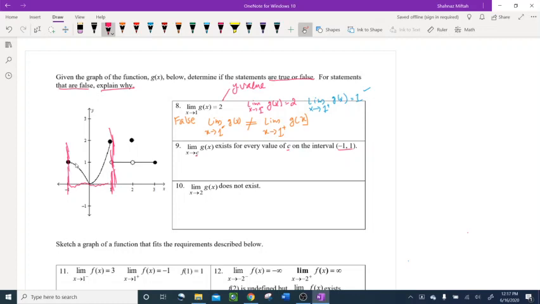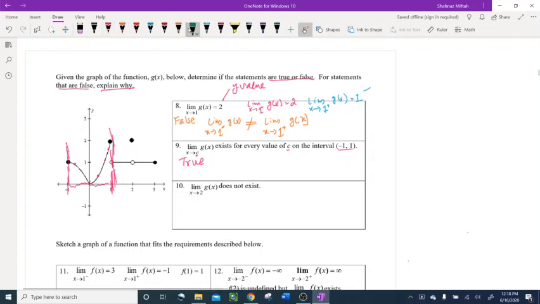If I pick this c, does the limit exist? Yeah, the limit is 1. Anywhere I pick between -1 and 1, the limit does exist, because there is no jump, no vertical asymptote, it's not going to infinity anywhere. Okay, so that's true. And I don't have to give them an explanation for the true part.